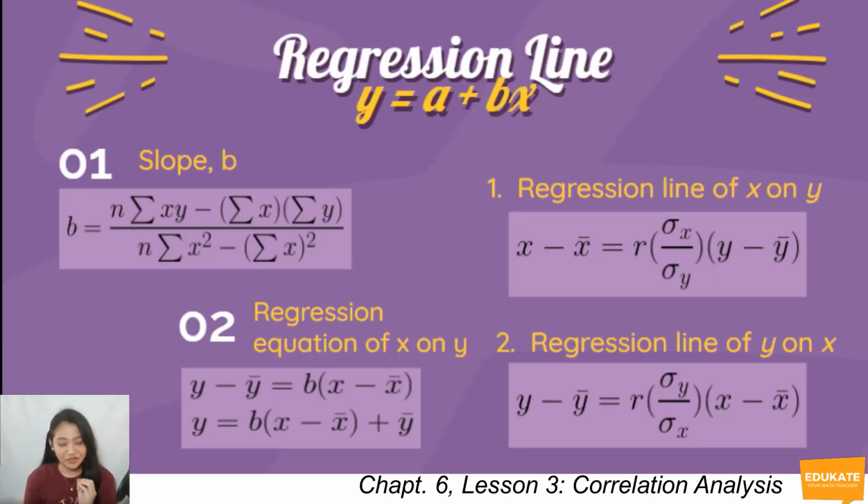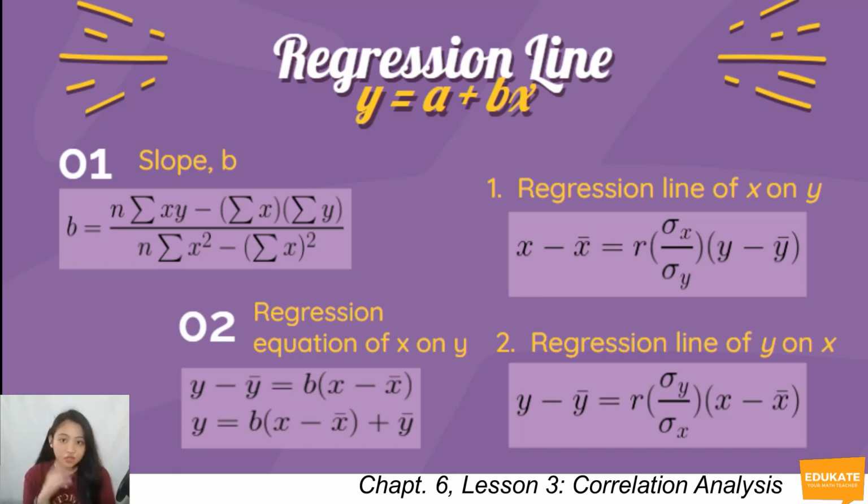Summarizing our regression line, we have y equals a plus bx, where a is your y-intercept, b is your slope, x is your independent variable, and y is your dependent variable. We have there how to compute for the slope, and how to compute for the regression equation of x on y.